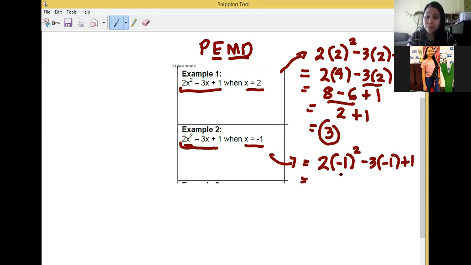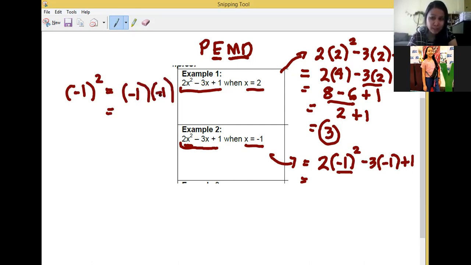Now, remember that when a negative number is raised to an even exponent, the answer is positive. Why? Because -1 squared is the same as -1 times -1. So -1 times -1, the answer is positive 1. Remember, same signs, the answer is positive.